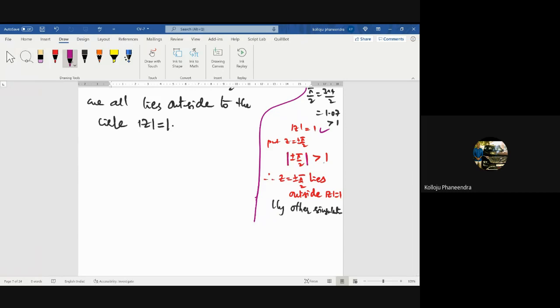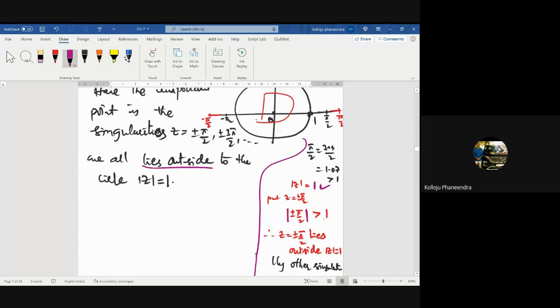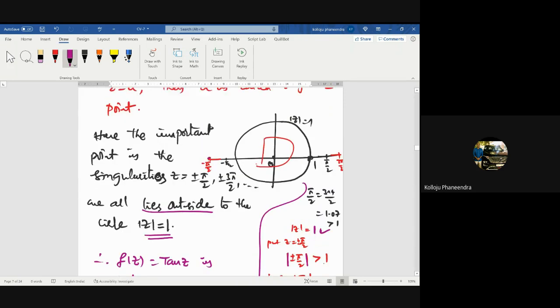Plus or minus pi by 2 value is greater than 1, more than radius 1, which means it lies outside the domain mod z equal to 1. Therefore, f of z equal to tan z is analytic in mod z equal to 1. Is it correct? Any doubts? It is not analytic outside this region, but inside, is any singularity there?